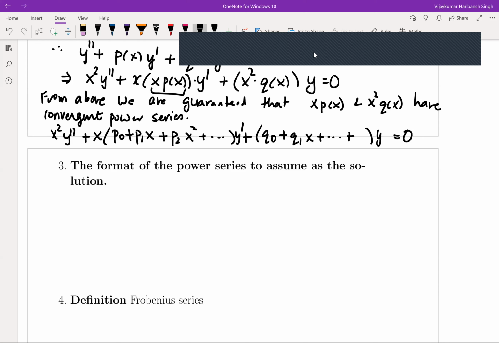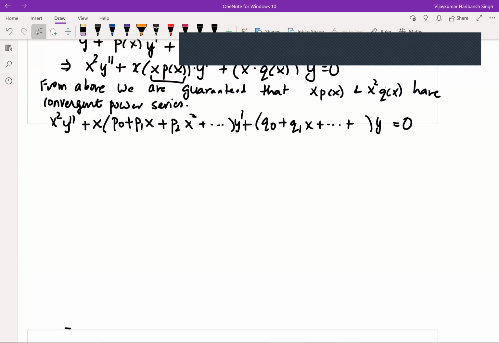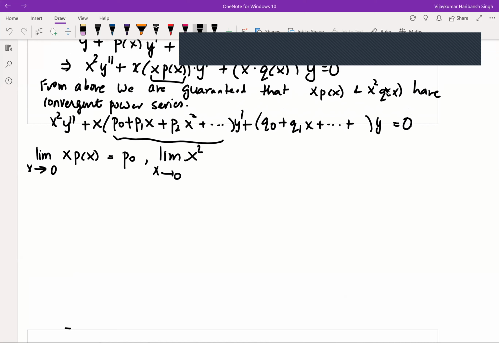Now note a few details here. The limit as x goes to 0 of x p(x) is going to be p naught, and the limit as x goes to 0 of x squared q(x) is going to be q naught.